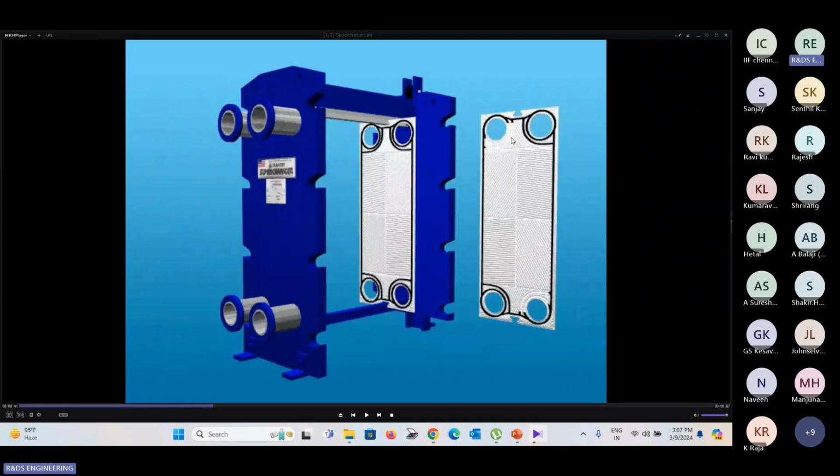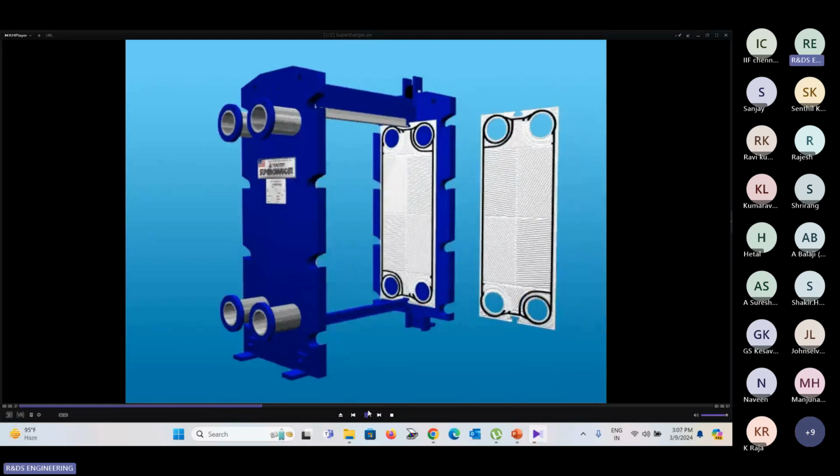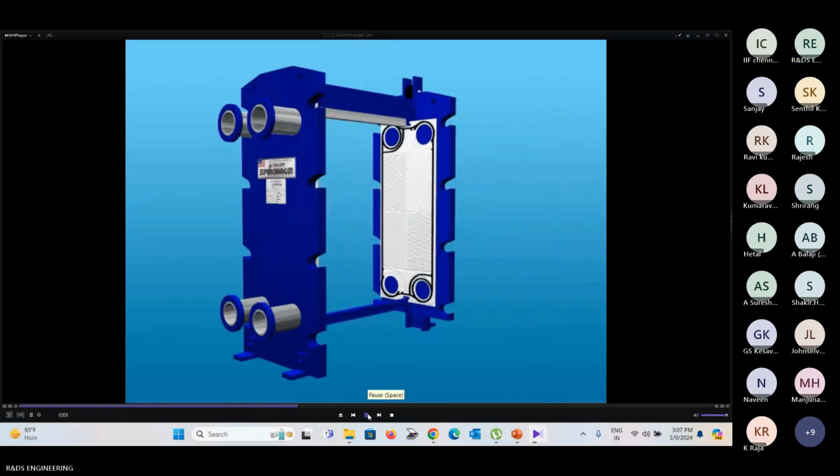So whatever fluid flows through the plates, this is how the plates are stacked with the help of rubber gaskets. The number of plates is based on the capacity of the heat exchanger which we decide. So this is how the construction is inside.